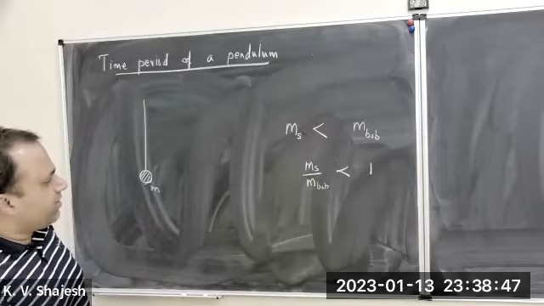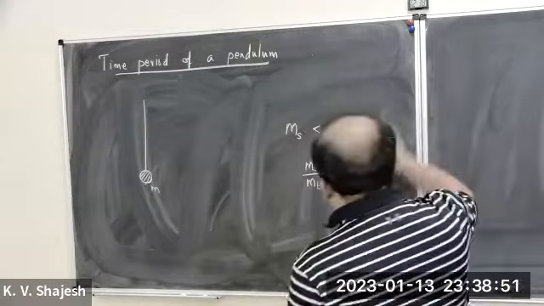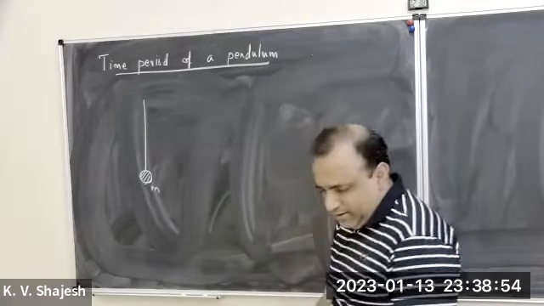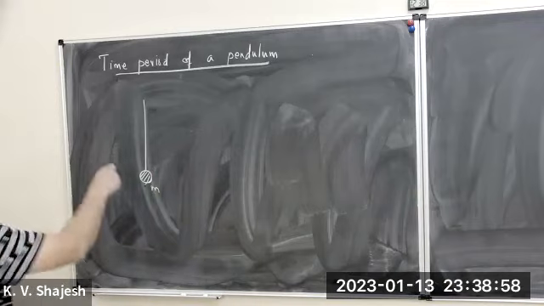How good is the expression for the time period, and what are the errors associated with it, especially with respect to the amplitude? So that's a pendulum.